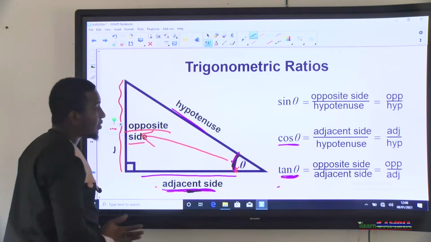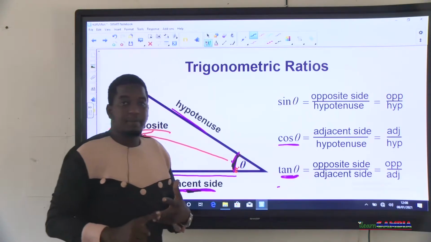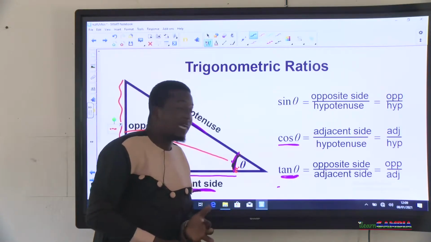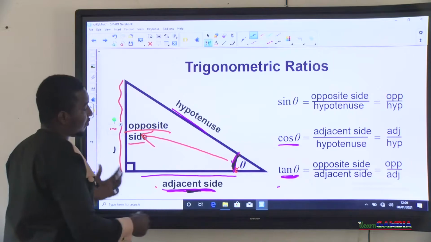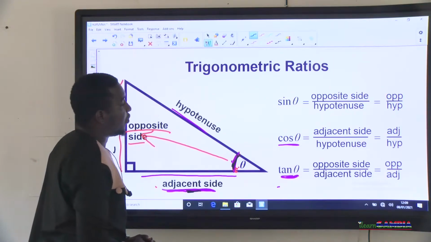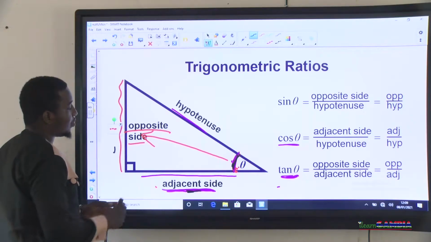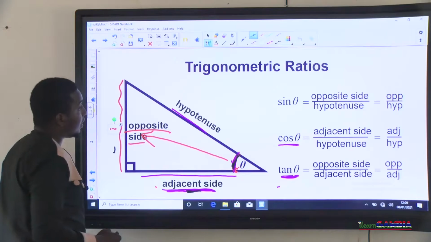So sine is opposite divided by hypotenuse, cos is adjacent divided by the hypotenuse, and tan is the opposite divided by the adjacent. We are going to use that to solve some problems, that is, when we are given some sides and an angle, how do we find the cos of that angle, and so on. We are going to talk more on that in the lesson.